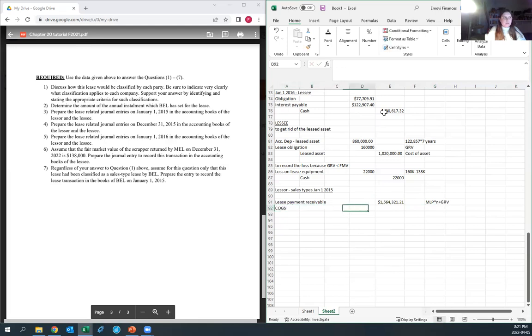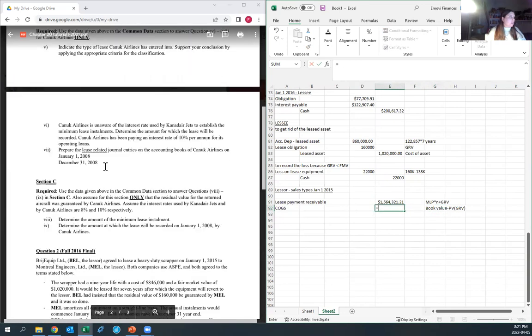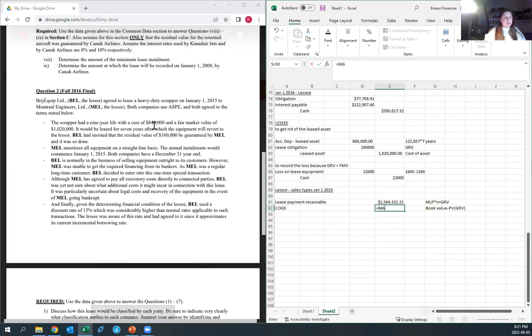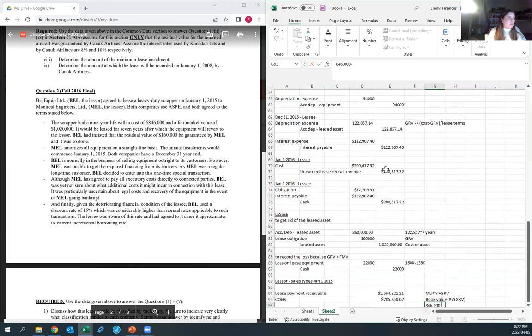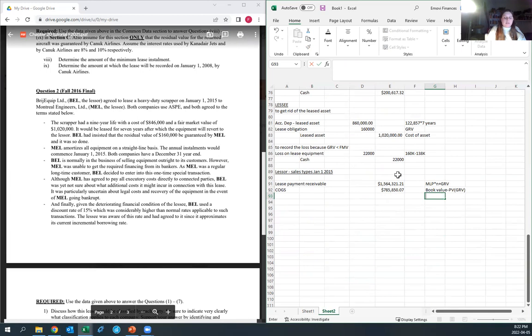My cost of goods sold is, what is it already? It's your book value minus the PV of your guaranteed residual value. So here it's going to be 846,000 minus the PV of the GRV.